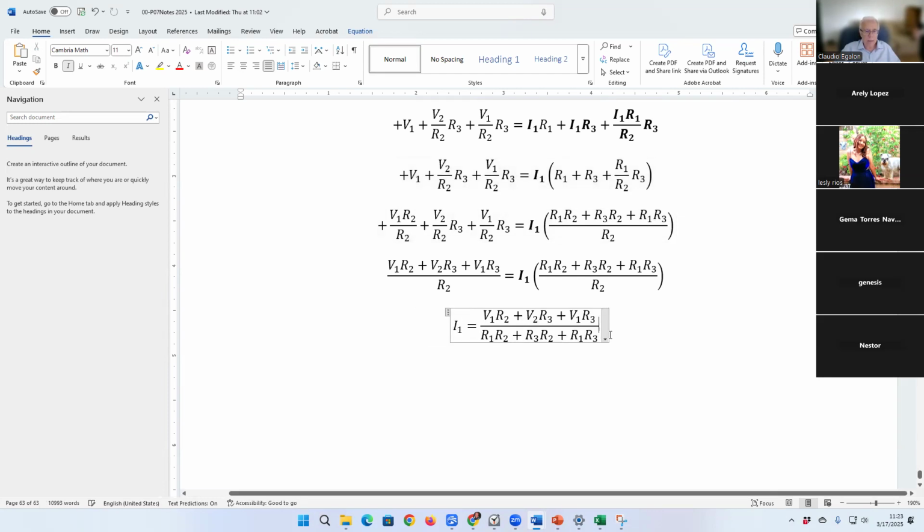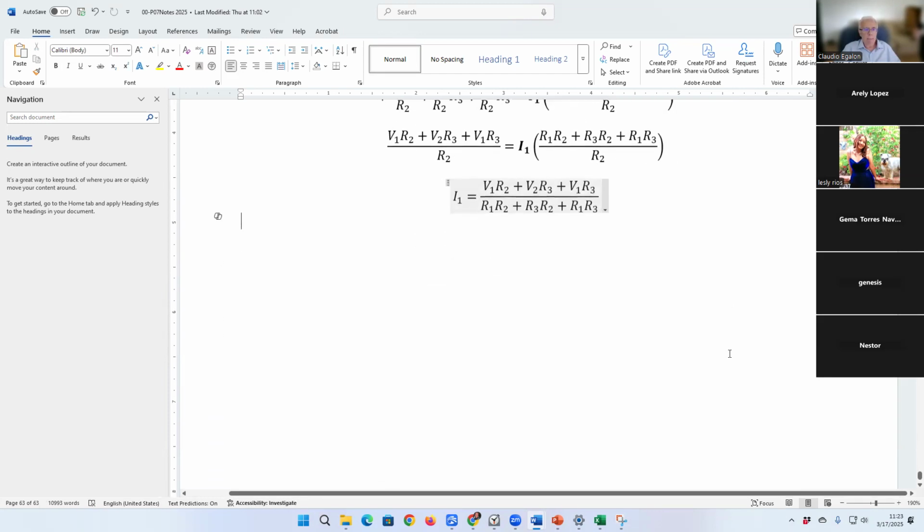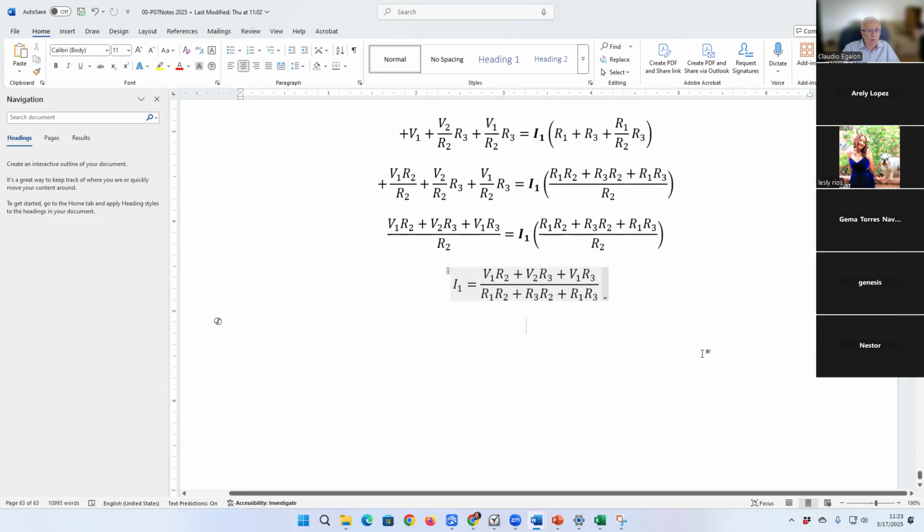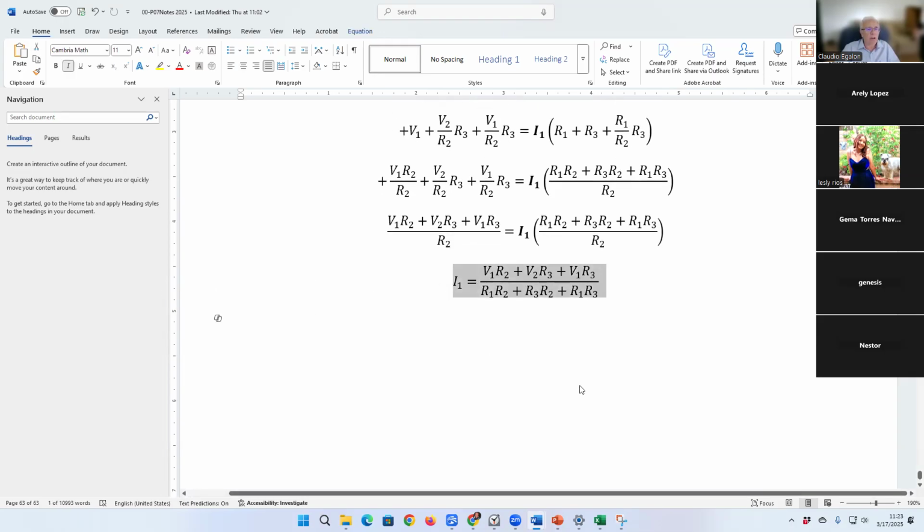Something like that. V1 plus V2. Okay, so that's well, it's not the complete solution of the problem because we still have to walk back now, right? For the other ones.